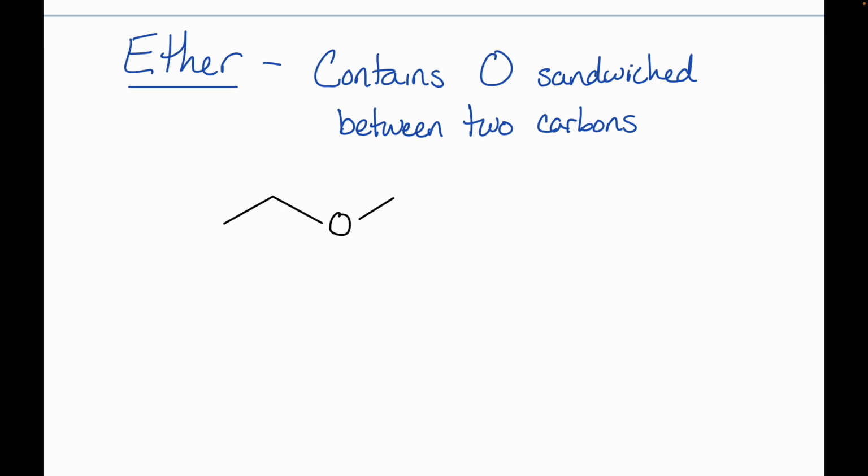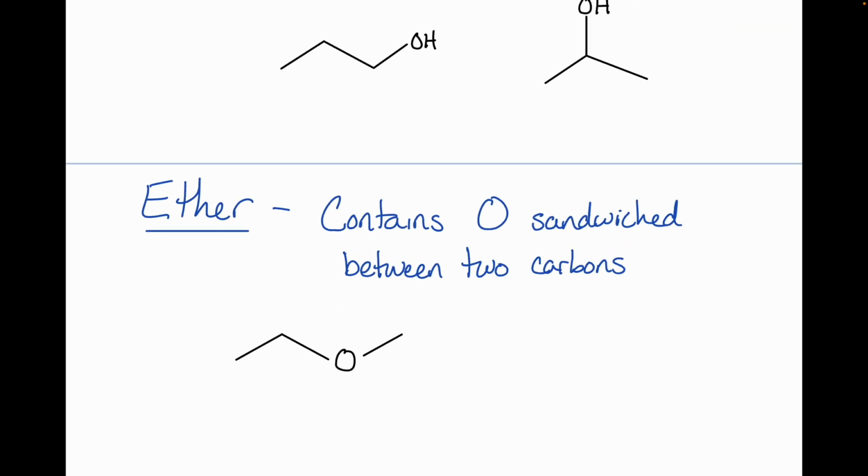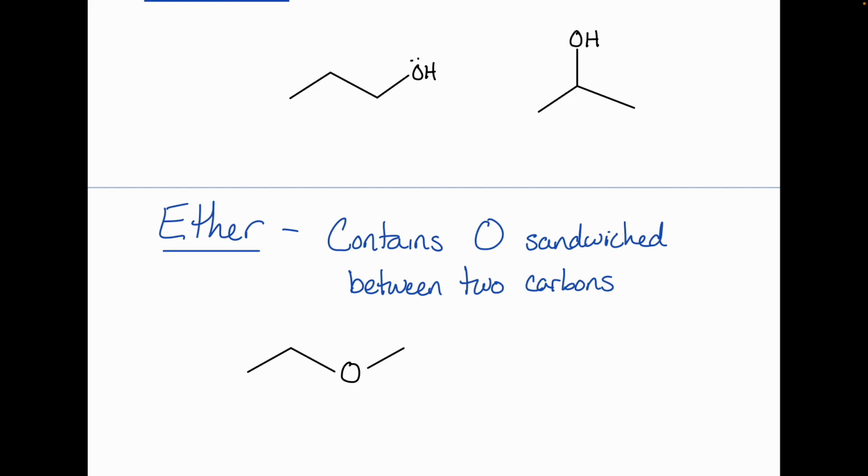All right, so for example, we have an oxygen and it's flanked by two different carbon atoms. How many lone pairs should I be putting on these oxygens? Two.